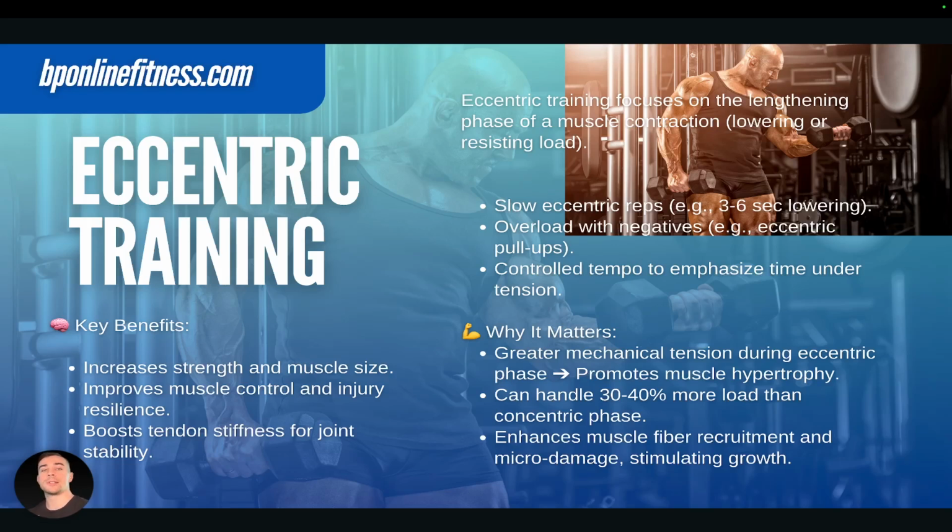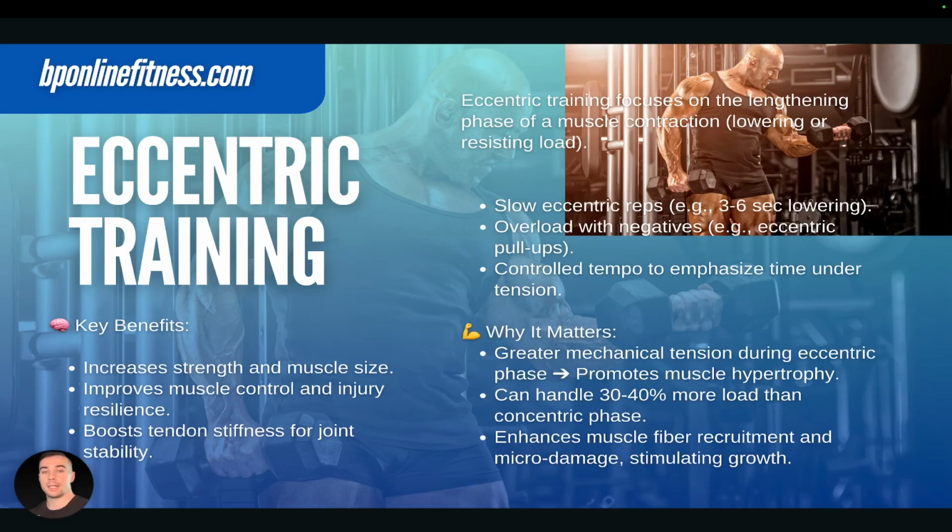Basically, with slow eccentrics, you're spending roughly 3 to 6 seconds lowering the weight. Again, you could try overload with negatives, which is eccentric pull-ups. This is where you're doing a pull-up, but you're holding that lowering position for an extended period of time. Controlled tempo helps to emphasize time under tension, which is something I've discussed before.